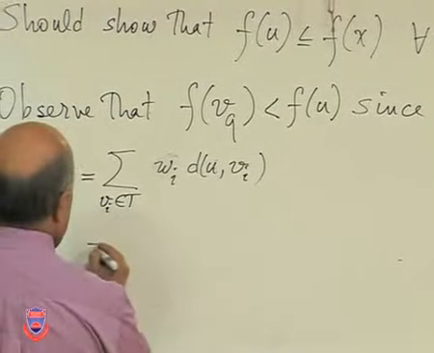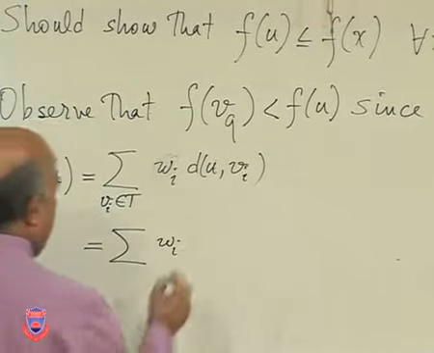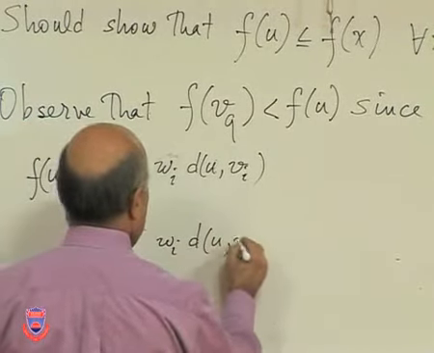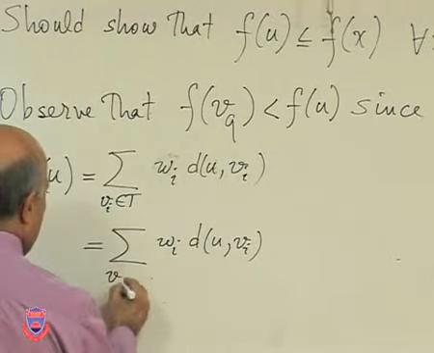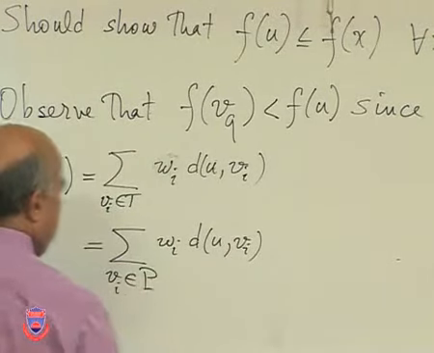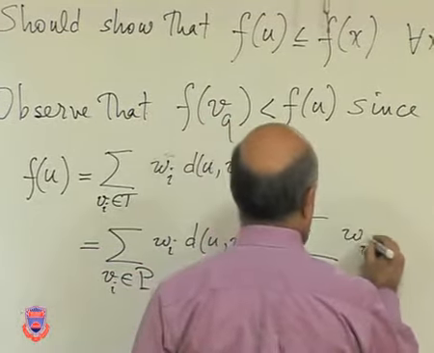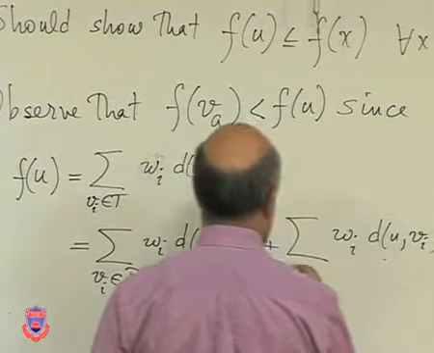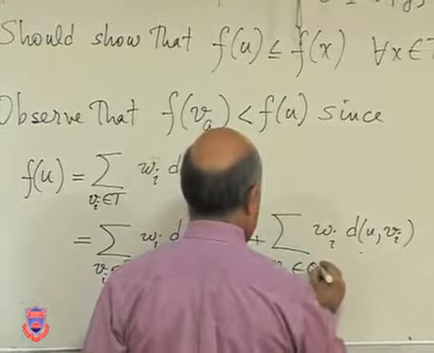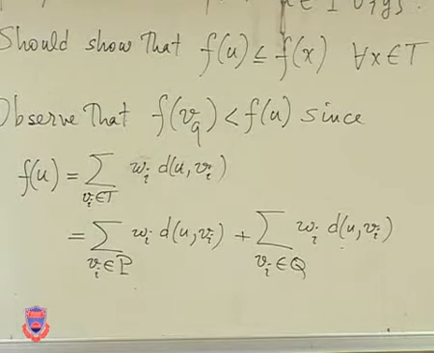And if you partition this into two parts, you're going to have Wi d(u, vi) for vi in P, and then you're going to have the other part, Wi d(u, vi) for vi in Q.